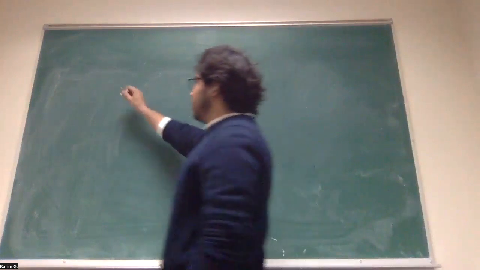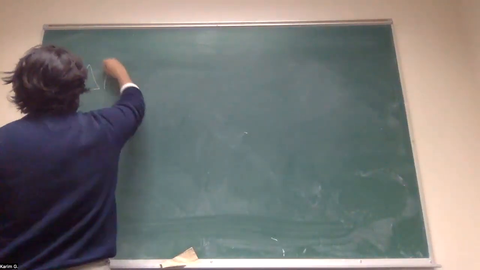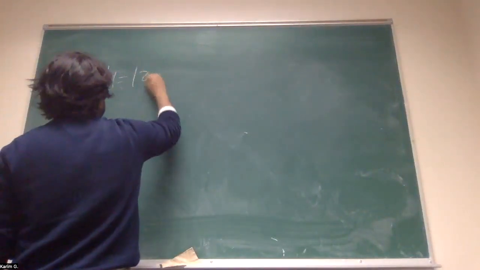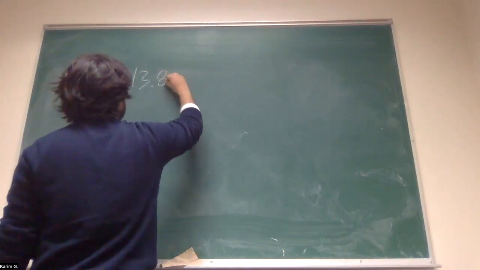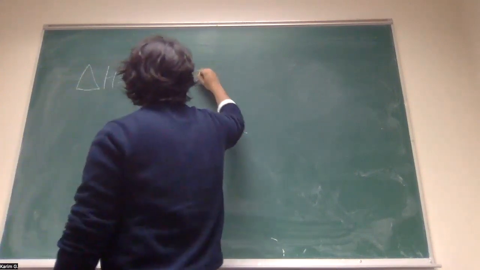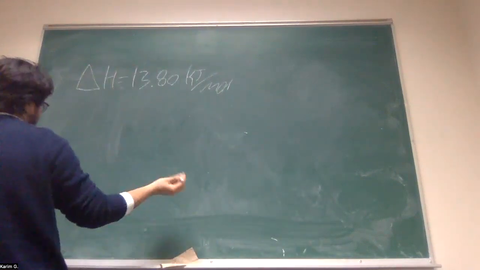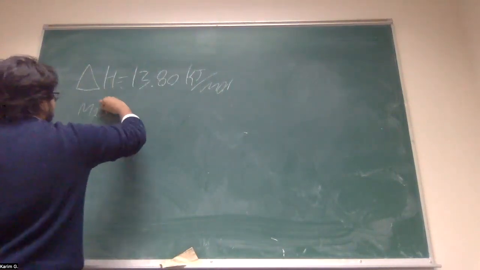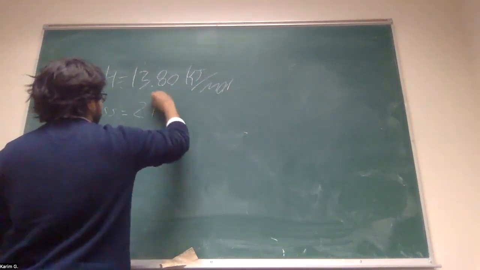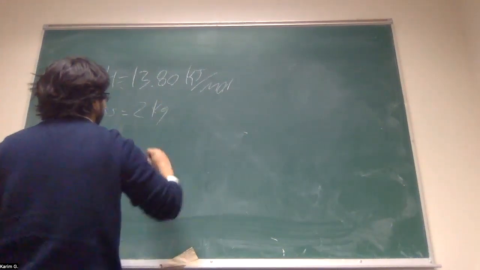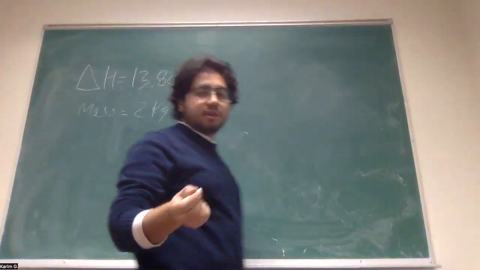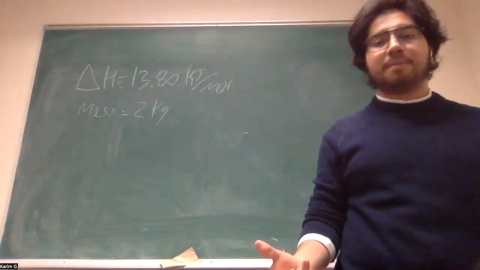So we're given a heat of fusion, which is 13.80 kilojoules per mole. We're given a mass, which is 2 kilos. And then we're also given a temperature.